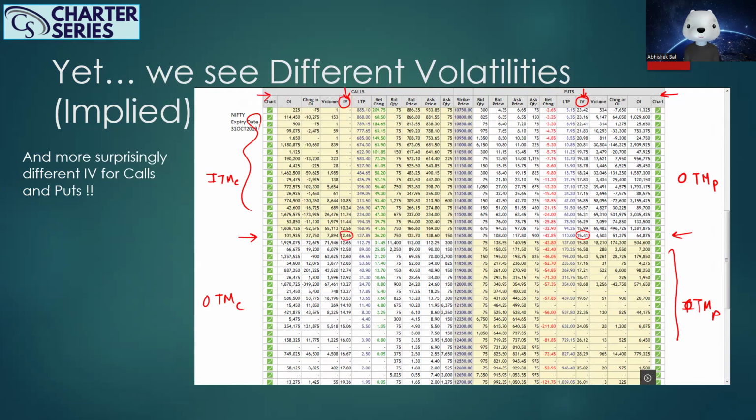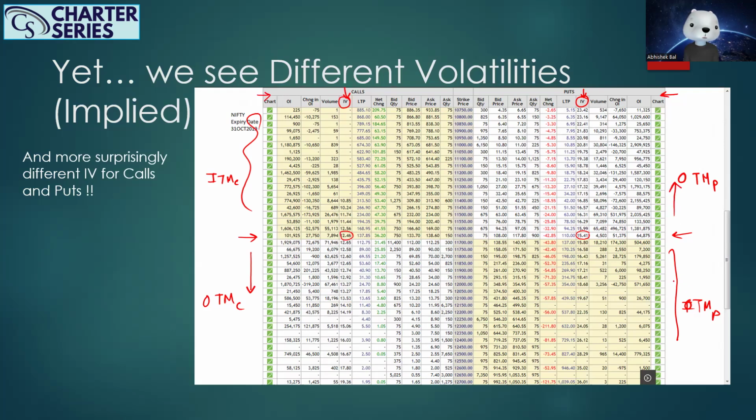Okay. A few observations that are important: as far as the call brackets are concerned, as we move from the ITM to the OTM end, we will see that the implied volatility is only increasing. And as we move on the OTM side of the put option, there also we will see that the implied volatility is increasing.